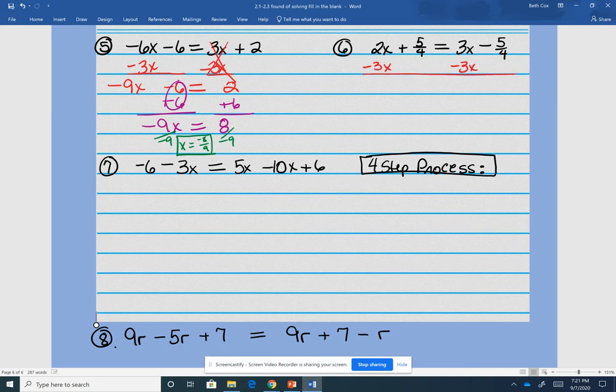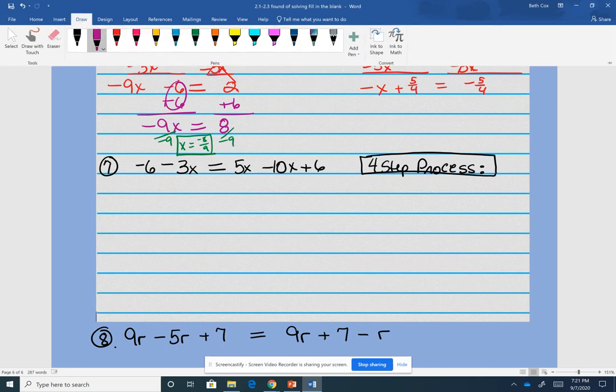Both sides of the equal sign. That goes away, and I have a negative 5/4. And on the other side, I have a negative x. Signs are different. Subtract the numbers, keep the sign of the larger number. Plus 5/4.